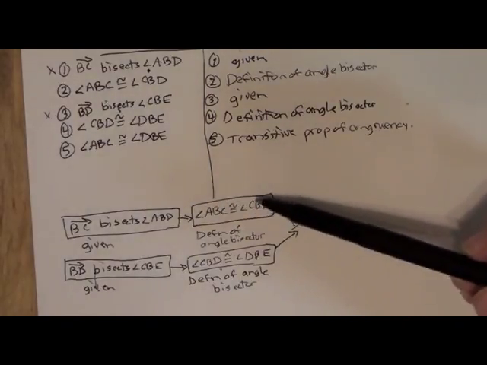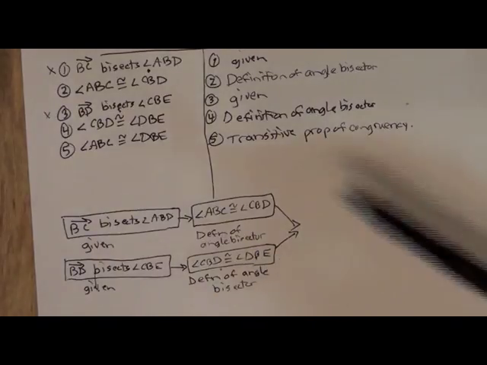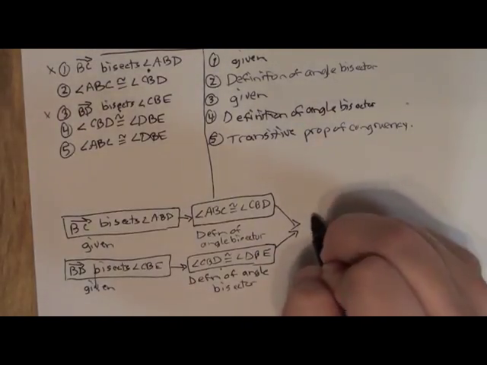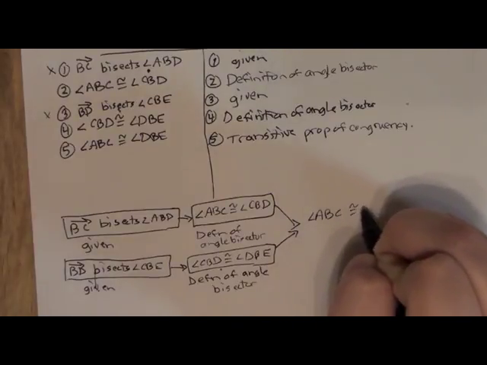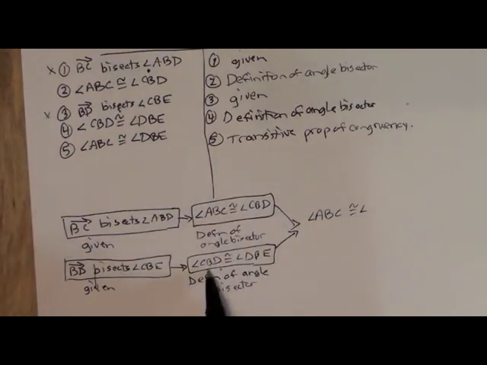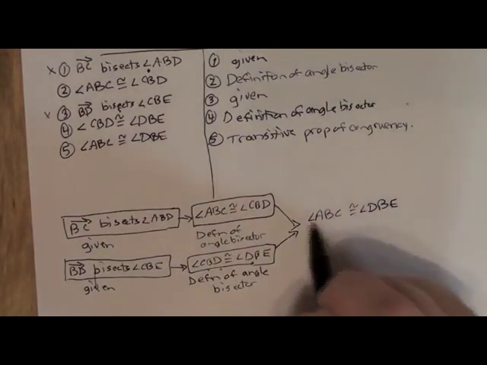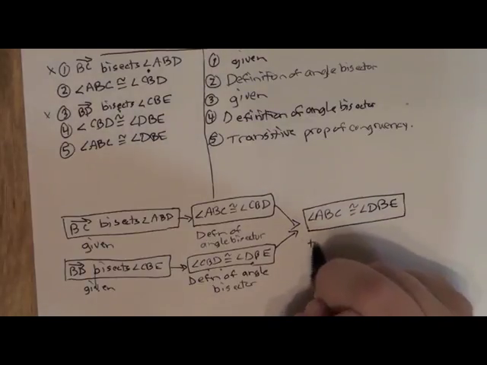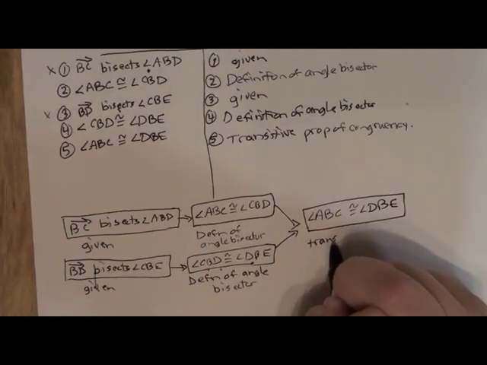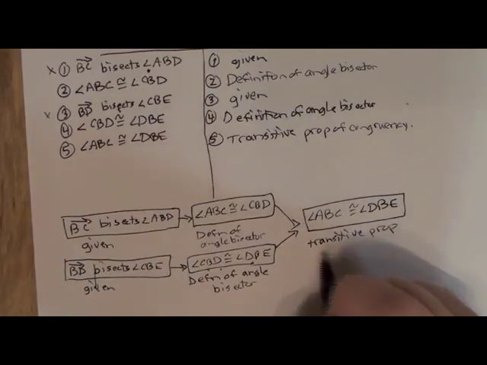ABC is congruent to CBD, CBD is congruent to DBE, which means angle ABC is congruent to angle DBE. And the reason, as we had before, was the transitive property of congruency.